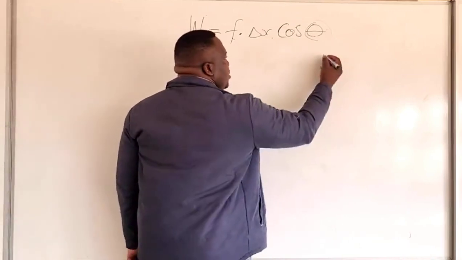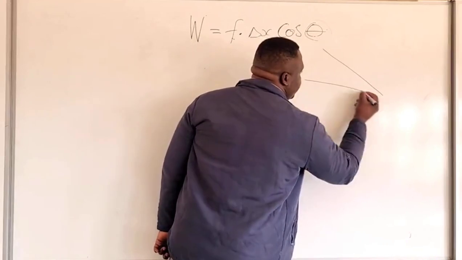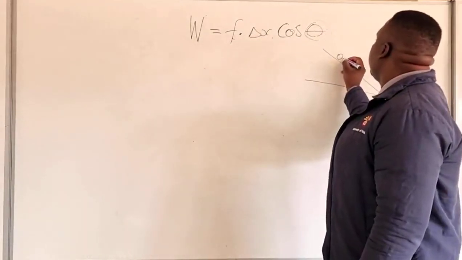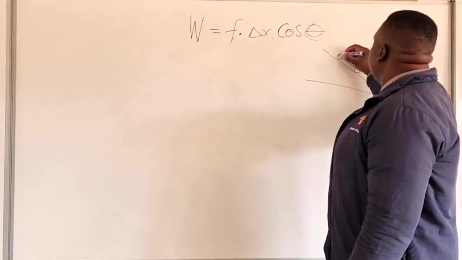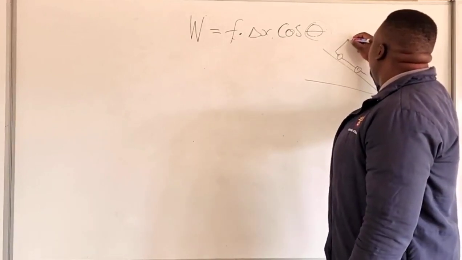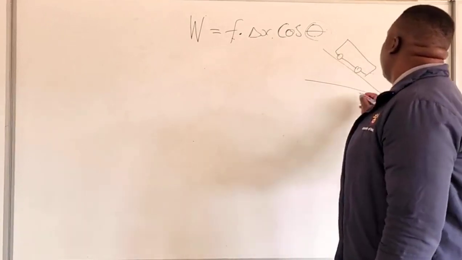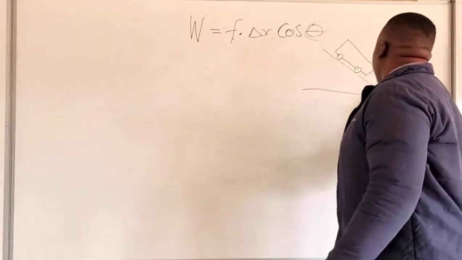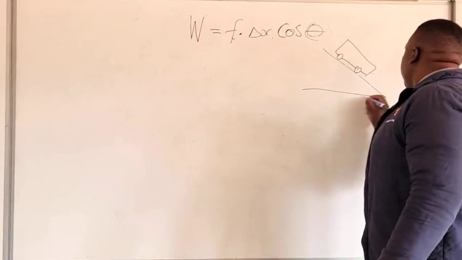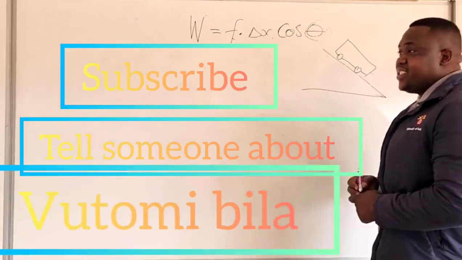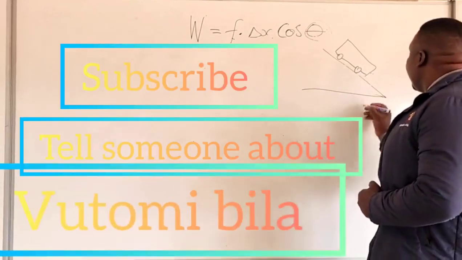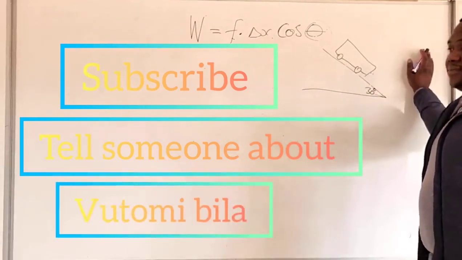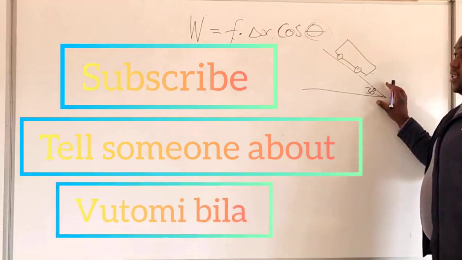Let me draw. Here is an incline. We have a cart. You know we are not people of arts, but science and maths is art. Okay, 30 degrees. The incline is 30 degrees.